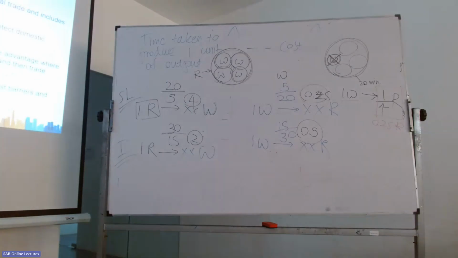Okay, that is about absolute advantage and comparative advantage. They explain the basis for international trade. Absolute advantage has some weakness. Comparative advantage avoids that weakness. So the most preferred principle is comparative advantage.